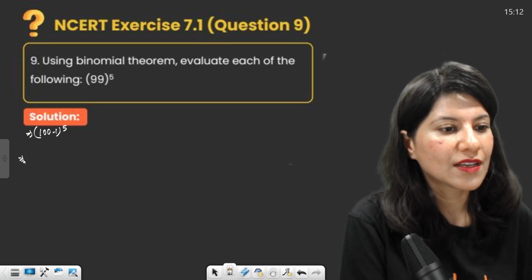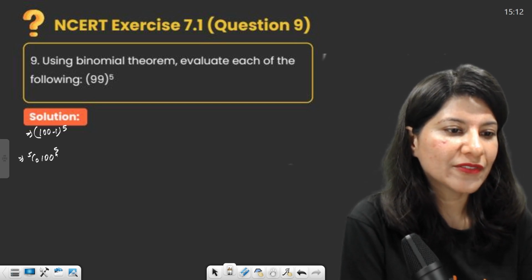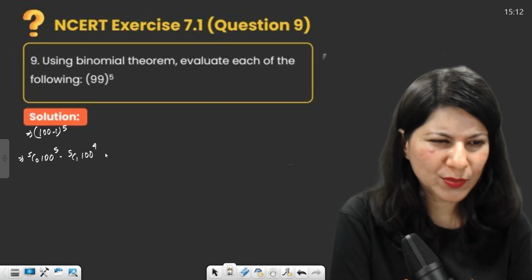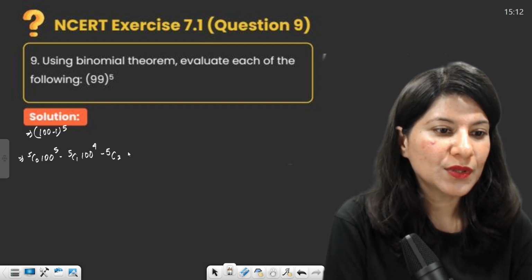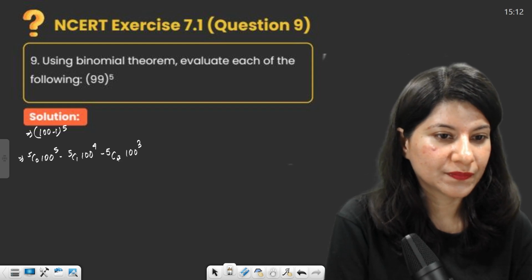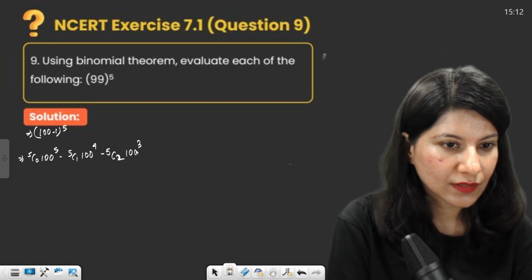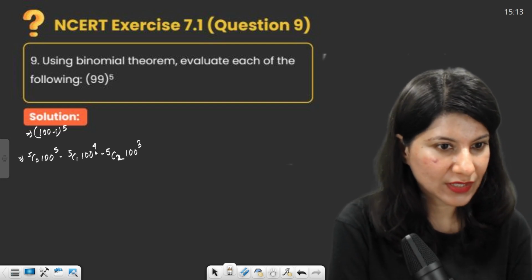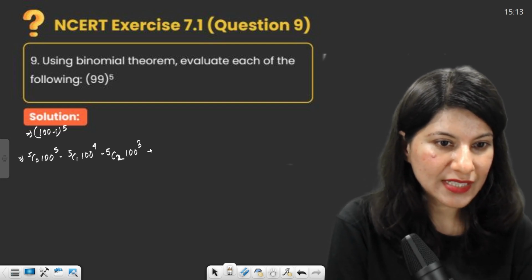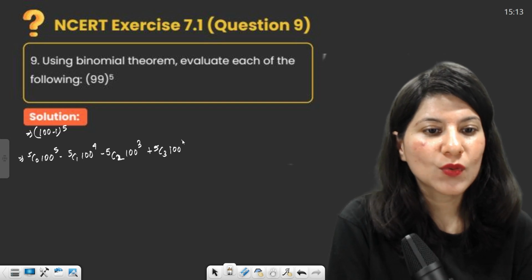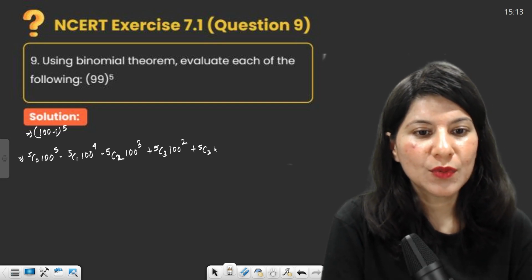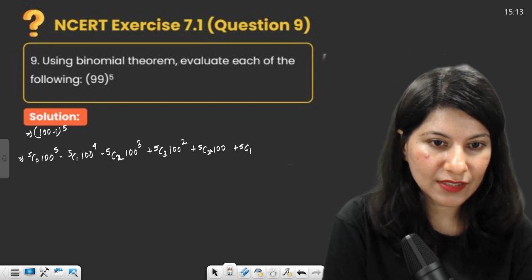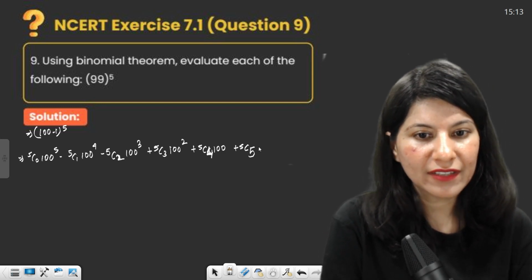Let's expand this. 5C0, 100 raised to power 5 minus 5C1, 100 raised to power 4, plus 5C2, 100 cube, minus 5C3, 100 square, plus 5C4, 100, minus 5C5, that's it.